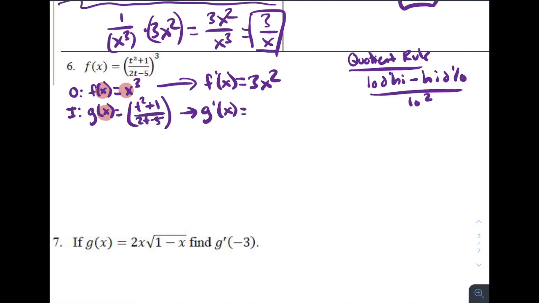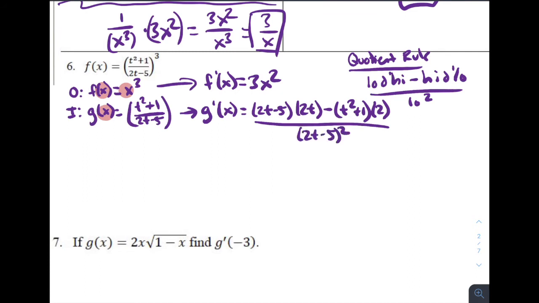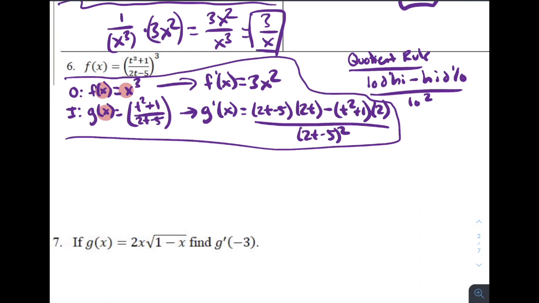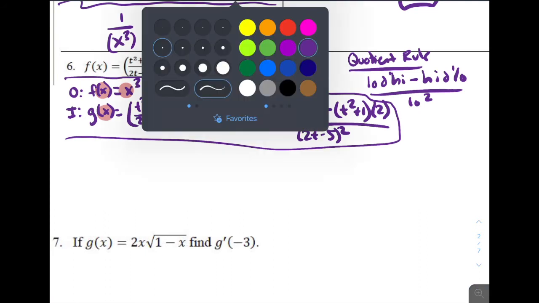Okay, so what's our low? 2t minus 5 times the derivative of the top part, so 2t, minus high, so t squared plus 1, times the derivative of the low part, which is just 2. And that is being divided by low squared, so 2t minus 5 quantity squared. All right, so here's our side work. We've got all of this as our side work. Let's get into the actual chain rule piece.